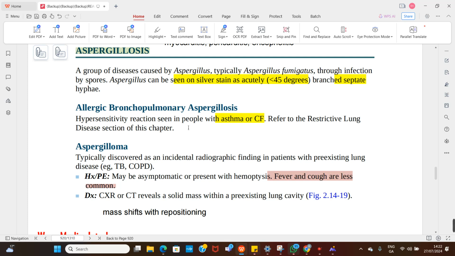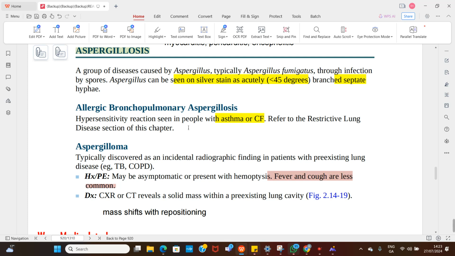If you measure your IgE against the aspergillus, it is going to be positive. And your mainstay of treatment for allergic bronchopulmonary aspergillosis is to give your antifungal like voriconazole, itraconazole. You add your steroids too. Those are the two major mainstays of treatment. And if the asthma is very bad, you have to give omalizumab, your anti-IgE, to take care of it.